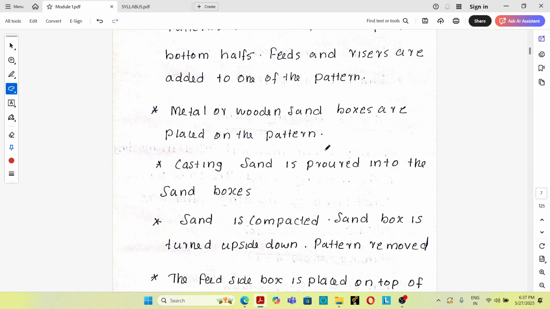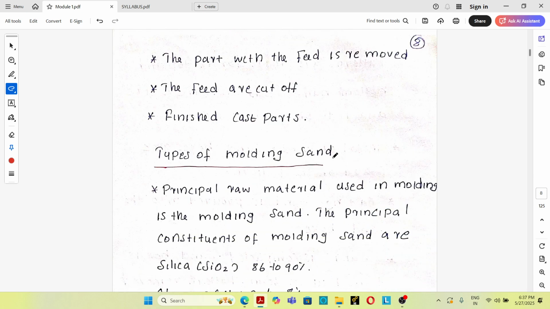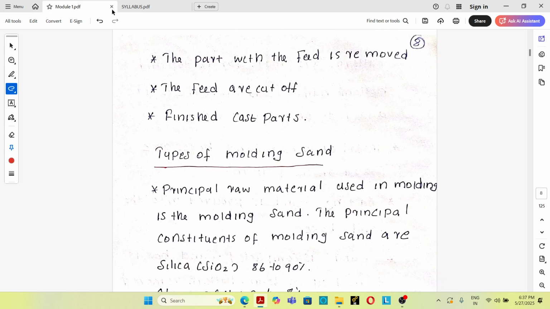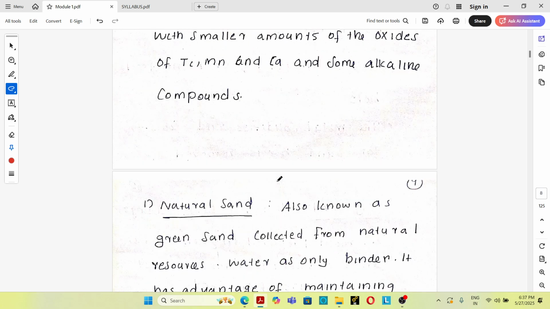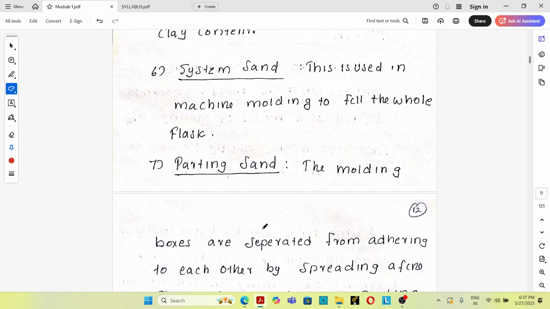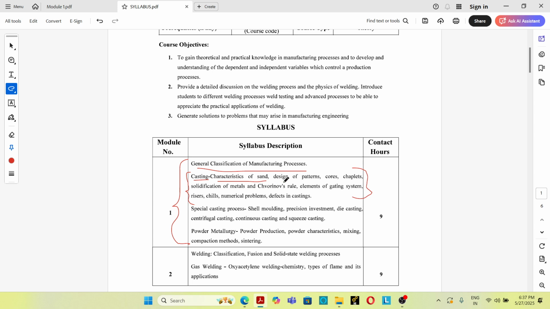So this is the starting of the sand casting process. Then the characteristic of sand. A sand casting mold is always made of sand, so we have to study the different types of molding sand and their classification, and also the characteristics of the molding sand.